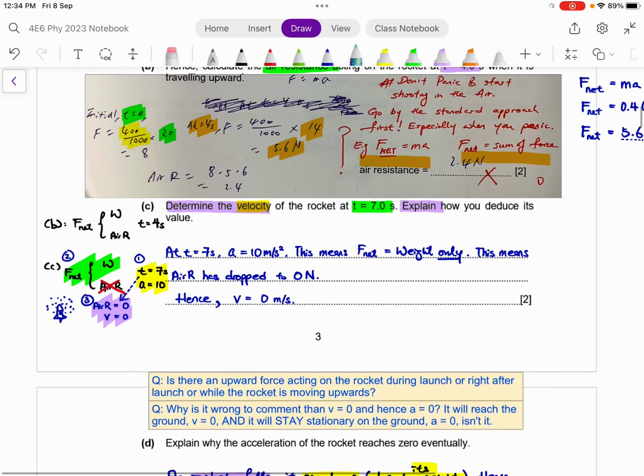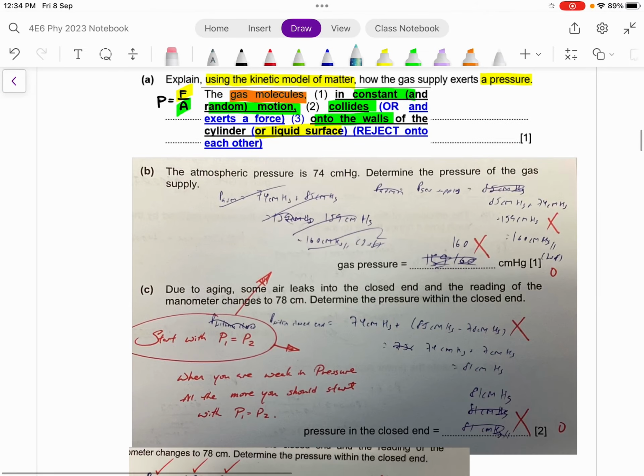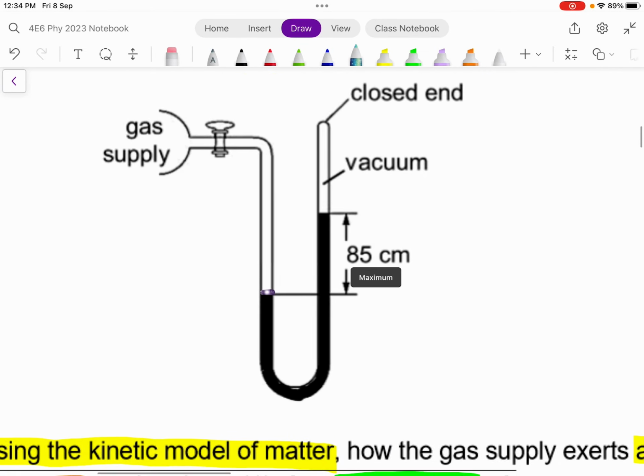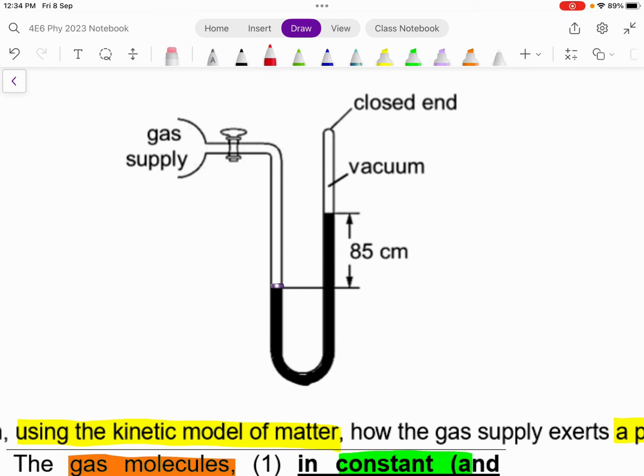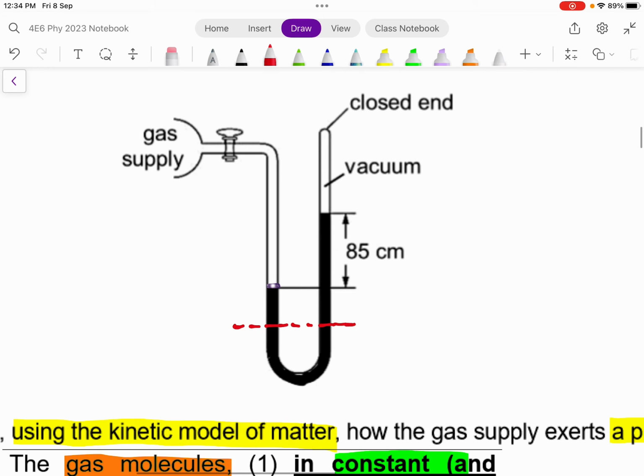So for your manometer, what is the central idea? The central idea is that points along the same level will have the same pressure, meaning that these two points have the same pressure. But should you choose this level to apply it? Well, I won't choose this because it is quite awkward. What do I mean by awkward?